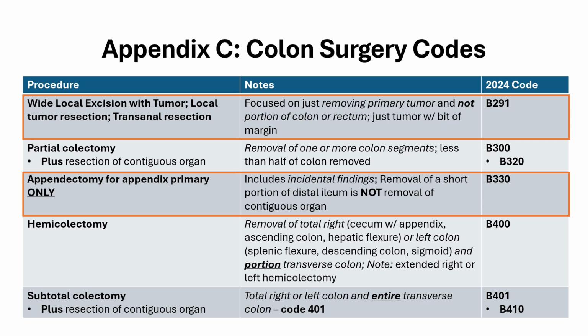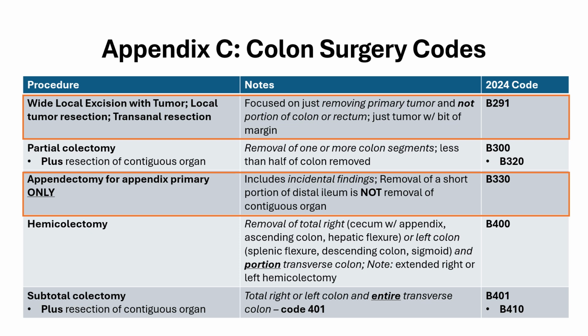So B330. A hemicolectomy is the removal of the total either right side or left side of the colon and a portion of the transverse colon. So this also, B400, includes extended right or left hemicolectomy.